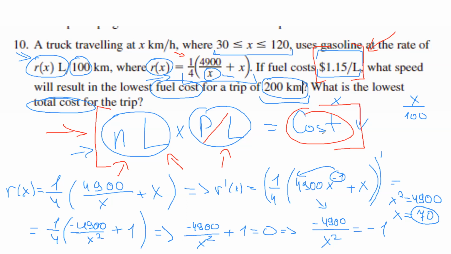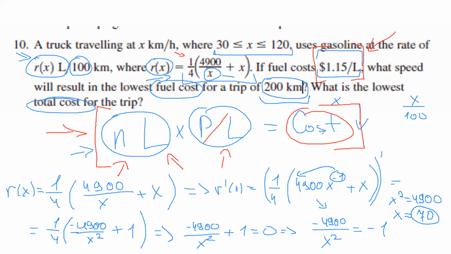Then we had to solve an optimization problem to find the lowest rate of gasoline usage per 100 kilometers. We found that at a speed of 70 kilometers per hour, we would use the least amount of gas per 100 kilometers.